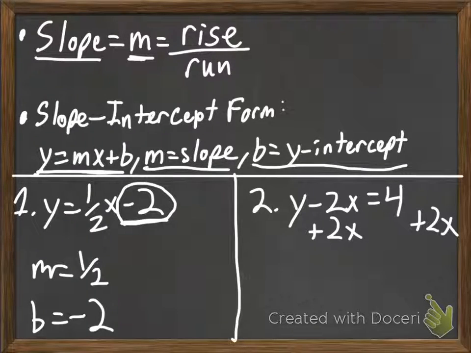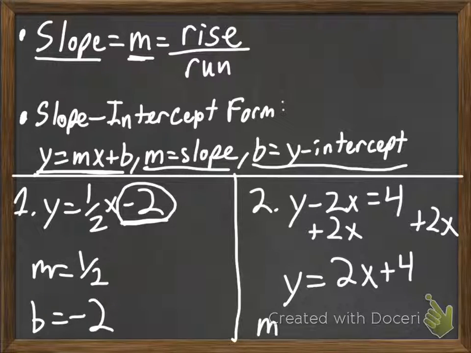And you'll notice I didn't line up the 4 and the plus 2x, because as you know from previous lessons, we can't combine numbers and letters, so these are two separate things, so I'm going to keep them separated. So I'm going to rewrite it as y equals 2x plus 4. So our m is 2, and our y-intercept, our b, is 4.